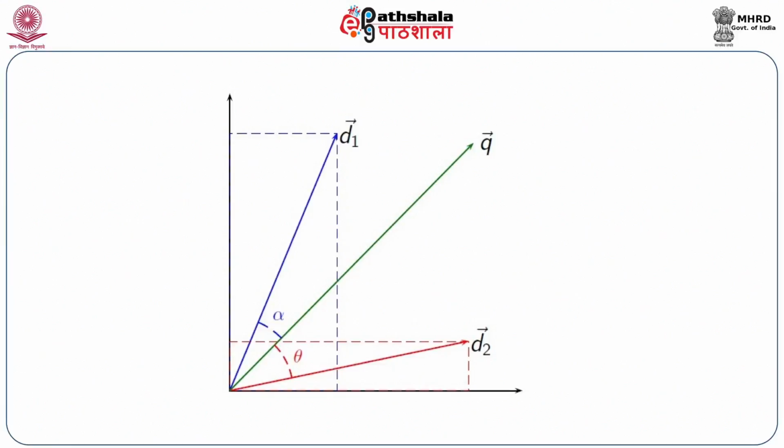The angle between document vector d2 and query vector q is theta, and we calculate the cos theta value from here. With the same query, for another document vector d1, the angle between d1 and q is, suppose, alpha, and we can calculate the cos alpha value.